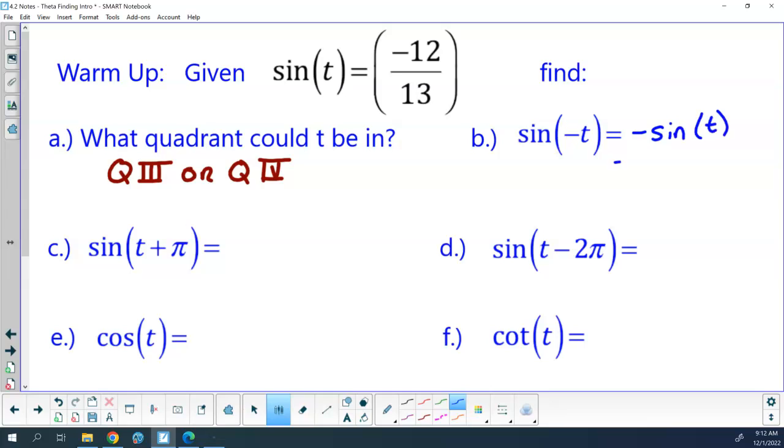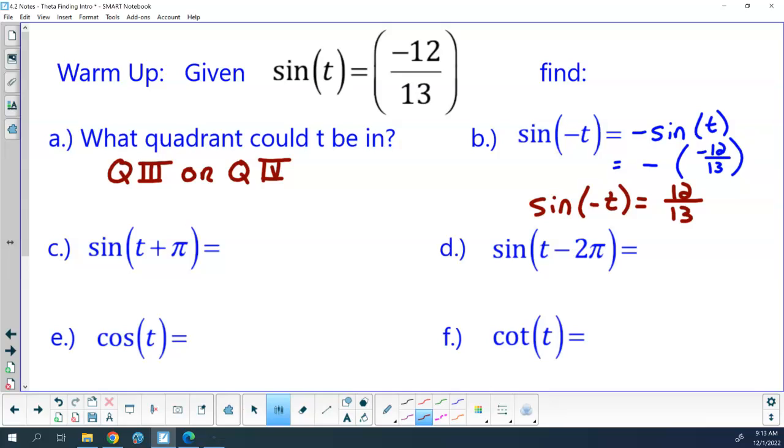So that would be negative of negative 12/13, because negative 12/13 is equal to sine of t. So that means that sine of negative t would be equal to positive 12/13.